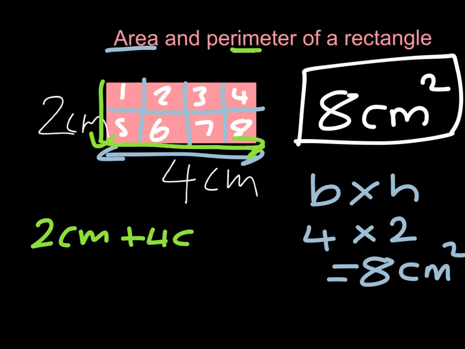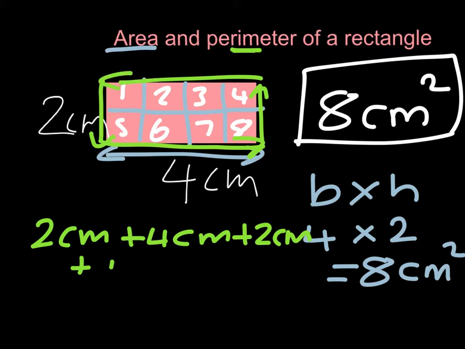If you carry on around the shape, you've then got another 2 centimetres, and then a final 4 centimetres. So if you imagine walking around the shape, it is purely counting the lengths, making sure you don't miss anything. So 2 plus 4, which is 6, add on the 2 to give you 8, and then add on that final 4 to give you 12 centimetres. Now it's just a length because it's the distance around the outside of the shape.